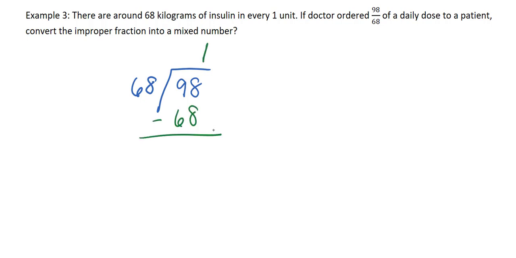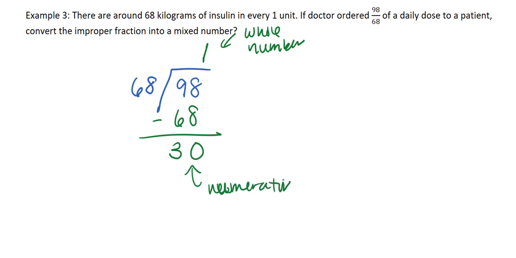And that's 68 right there, because 68 times 1 is 68. We subtract, we get 30. So now, this is our whole number, and this is our new numerator. And we're going to just keep the same denominator.